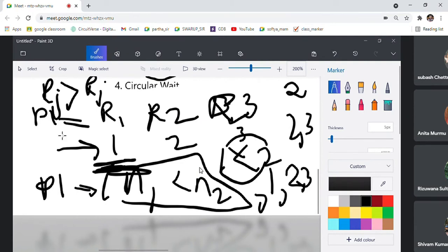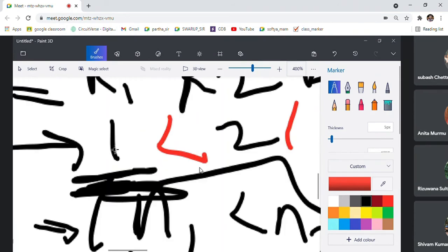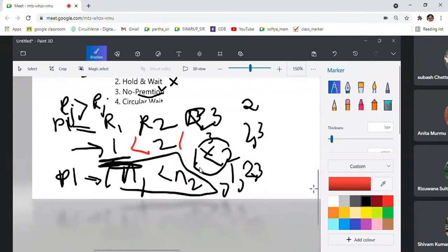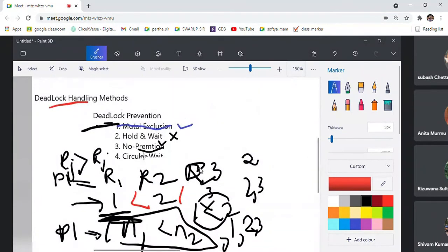When it comes to the running state, it must be assigned the resources in incremental order. That means first it must be assigned the smaller, then the bigger, and then bigger, like that. This is the protocol that can be proposed to prevent deadlock from happening.